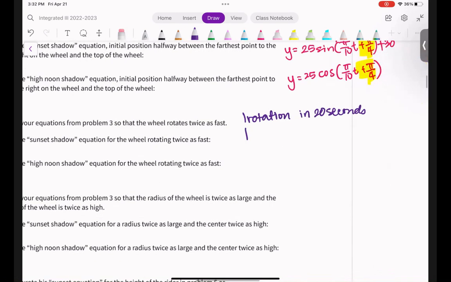Is it going to be one rotation in 40 seconds? And you're like, no, because that's slower. Oh, okay. So what would it be then? In how many seconds? You're right. It's going to be 10 seconds.